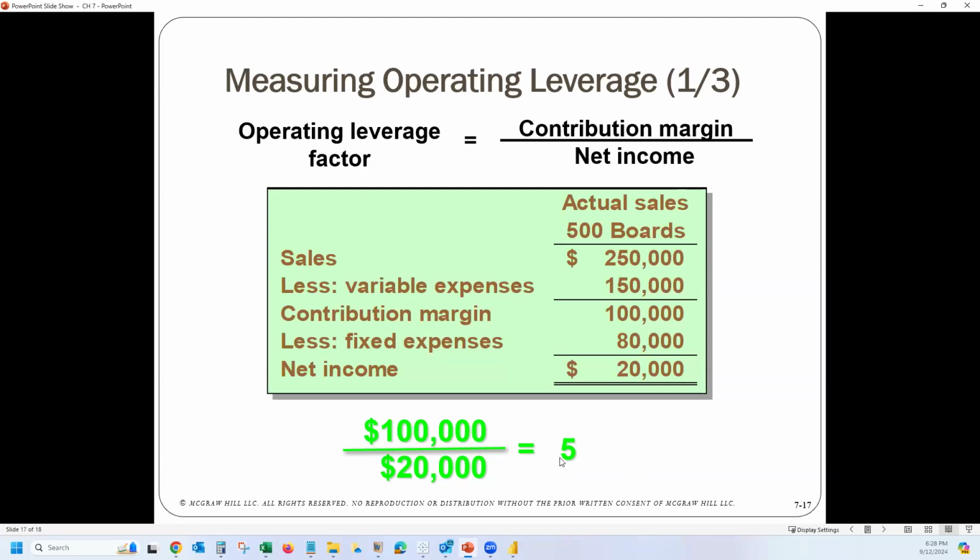Why? Because any change in the sales volume by 1 unit will result in net income increasing by 5-fold. It's the opposite too. Any 5-fold change in the net profit will result from a unit change in the sales volume.